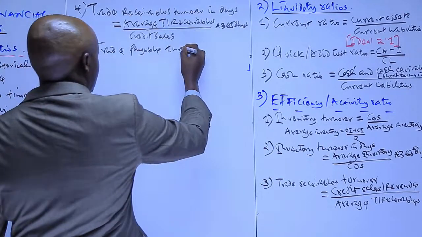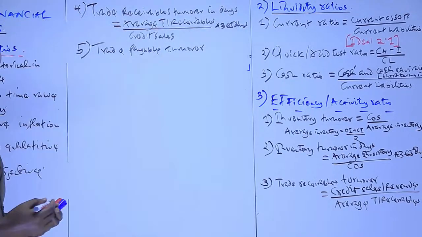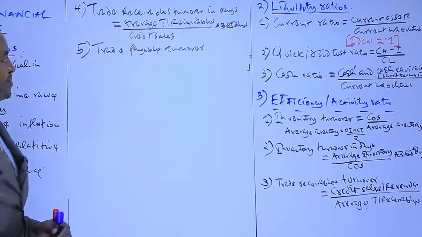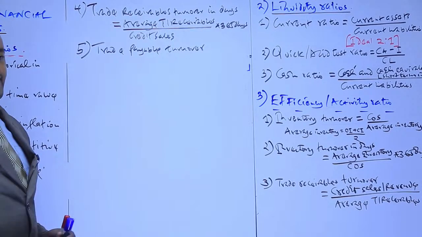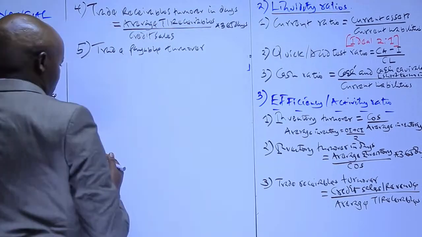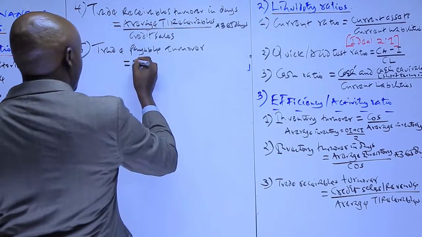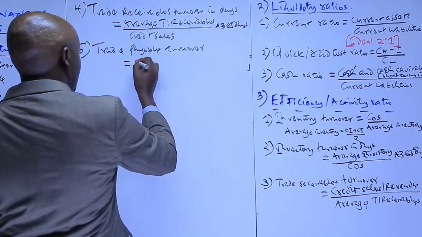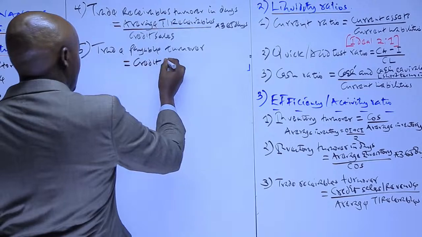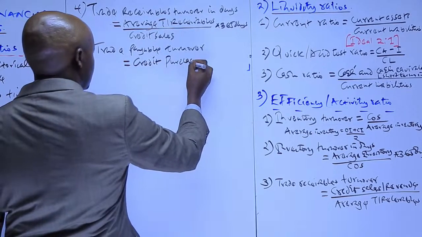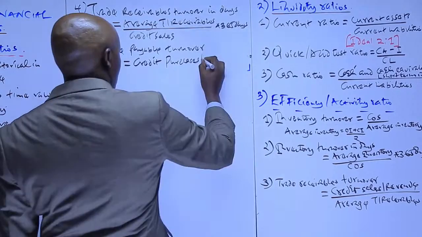And on the other hand, this is a ratio now which is computed to do what? To measure the frequency of paying the suppliers, or the number of times on average the company paid the suppliers. So in terms of how we compute this, we take the credit purchases, or the cost of sales.